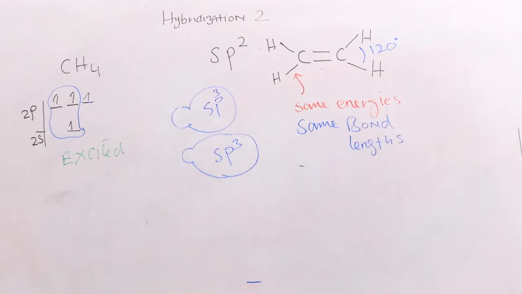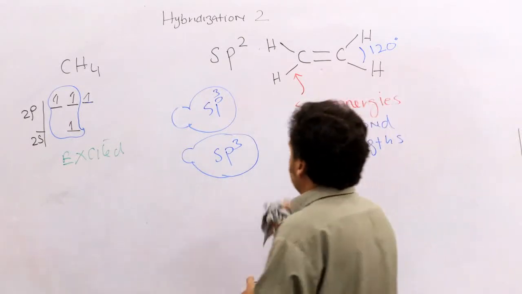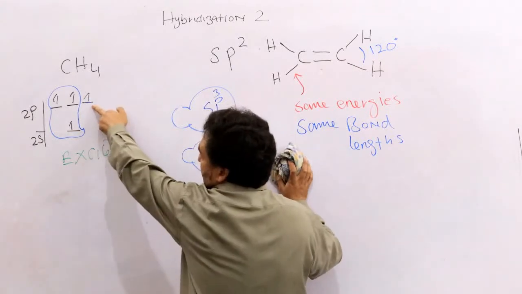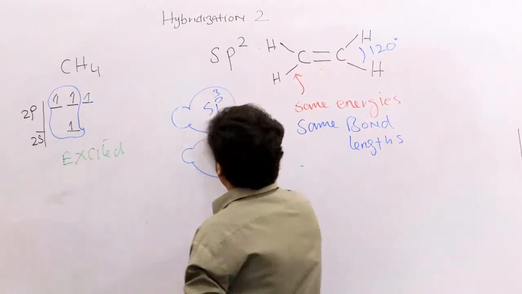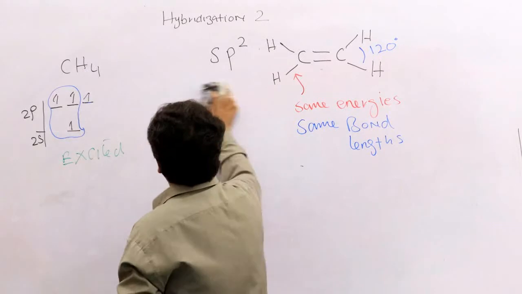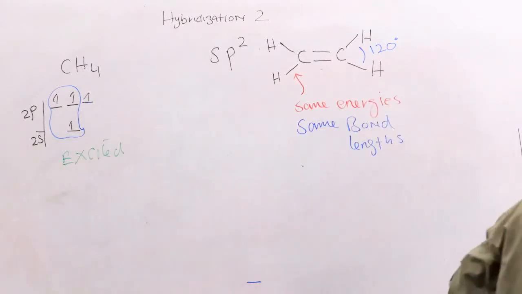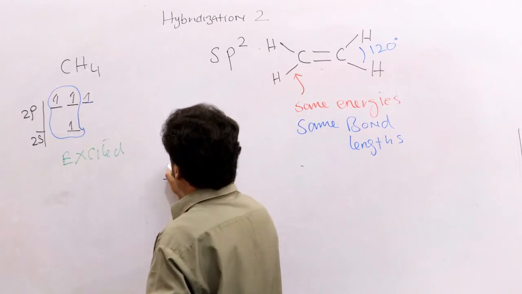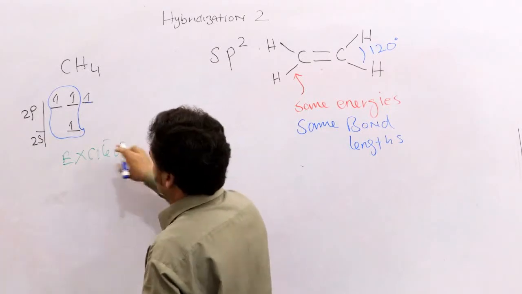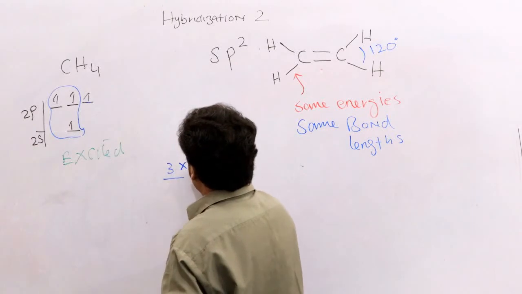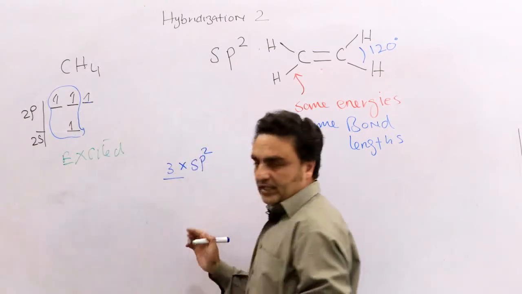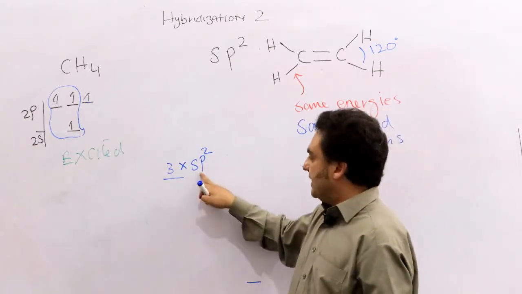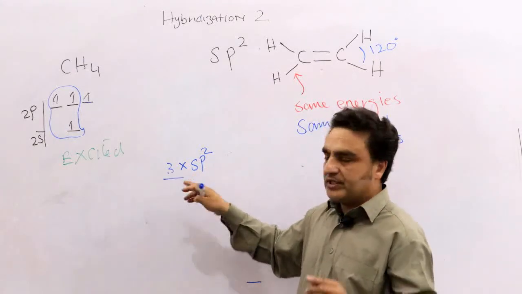Now, what will be the fate of this orbital? Okay, so as you saw, you will have these orbitals. Suppose these are the energies, you have 3 multiplied by sp2 hybridized orbitals, 3 hybridized orbitals are there.